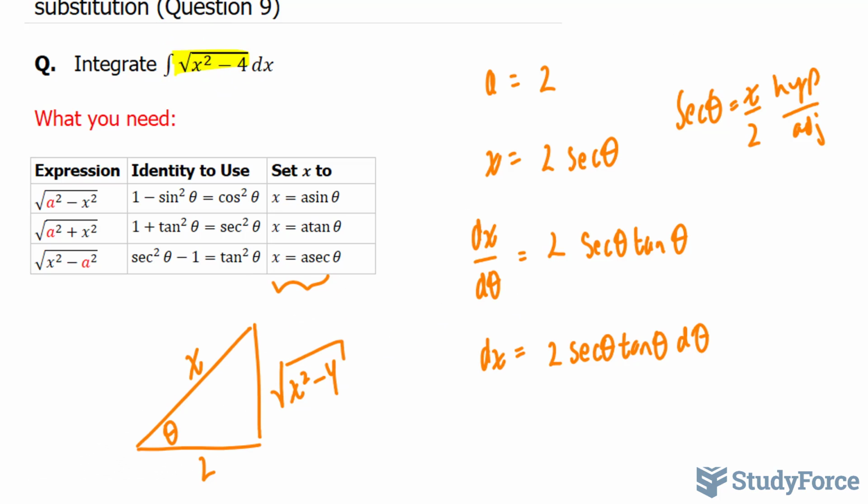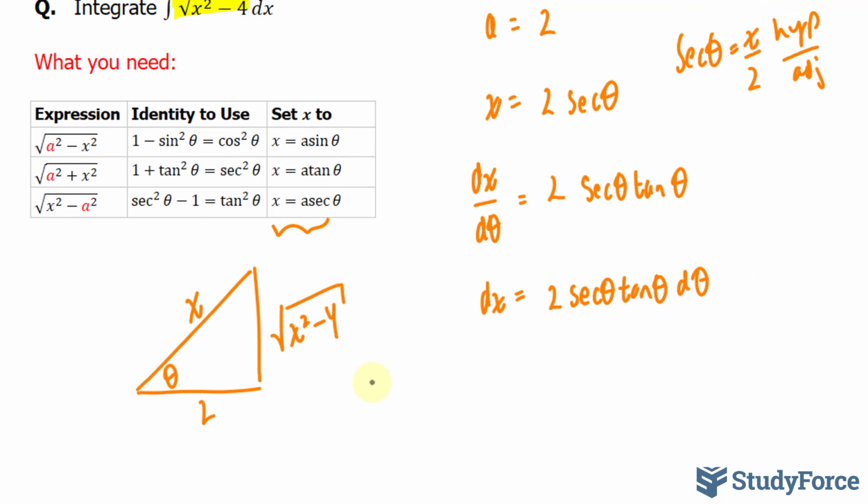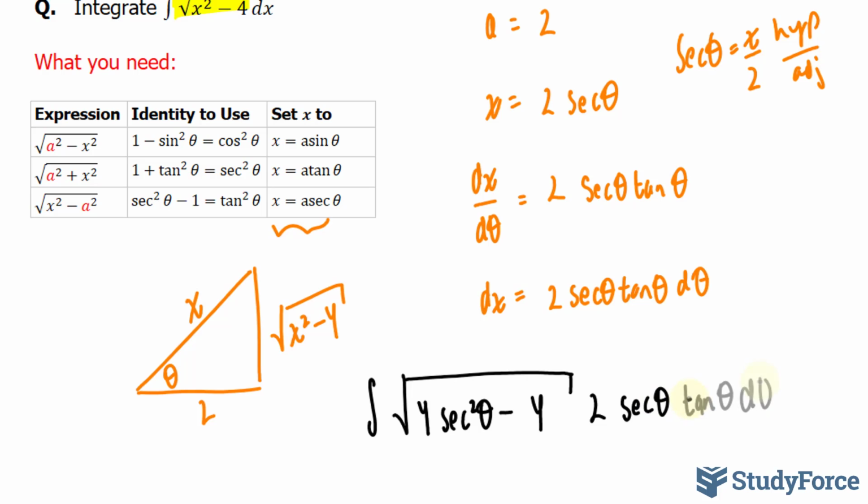Moving forward, what I'll do is replace this x with what I set it as, which was 2 secant theta, and replace this dx with this. Let's go ahead and do that. We have the integral of the square root of 2 times secant theta to the power of 2, which is 4 secant squared theta, minus 4, and the rest is shown here.